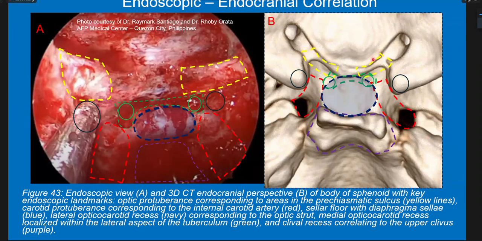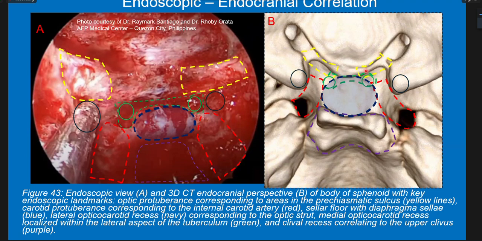So here, this is the correlate to the endocranial perspective of the optic and the carotid protuberances. You also have the clival recess, and you have the tuberculum.